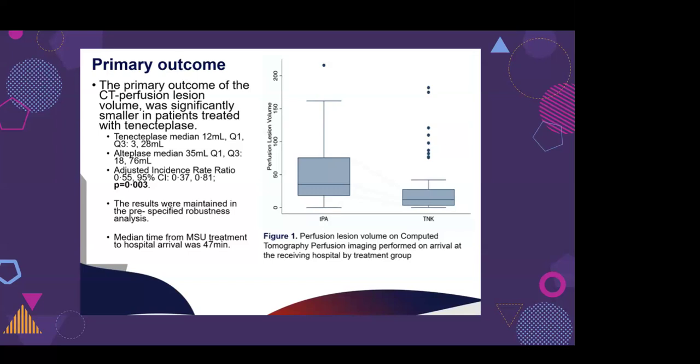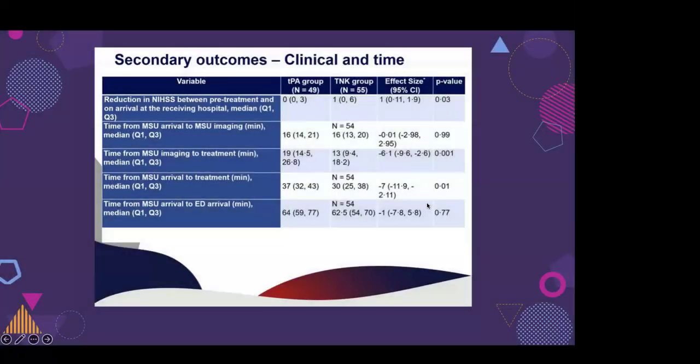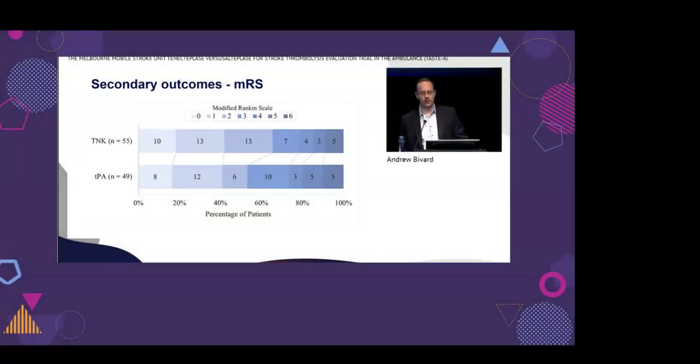As you can see over here, for tenecteplase the volume is far less. In the secondary outcomes, there was a significant reduction in NIH stroke scale. The time to treatment was also significantly different, but I don't see why that would be very different.